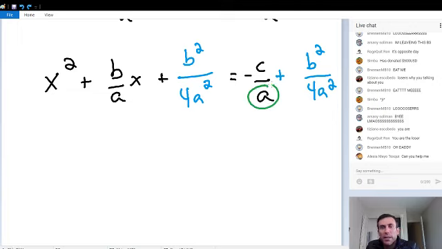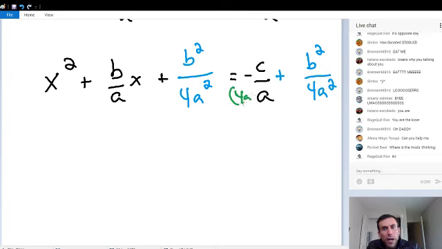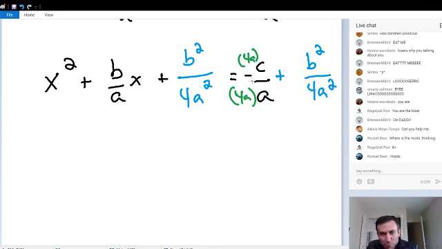This one has an a in the denominator, and this one has a 4a squared in the denominator. So I'm going to multiply both the numerator and the denominator of this fraction by 4a. Sorry, my work's a little sloppy. The reason I did that is so we can have common denominators.